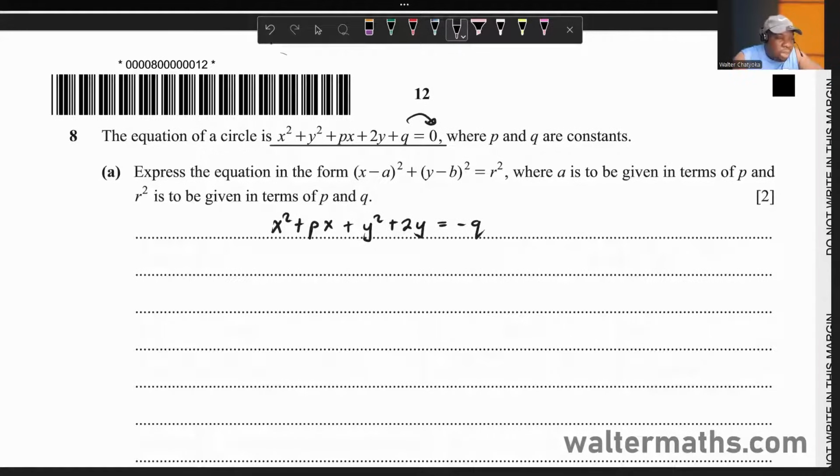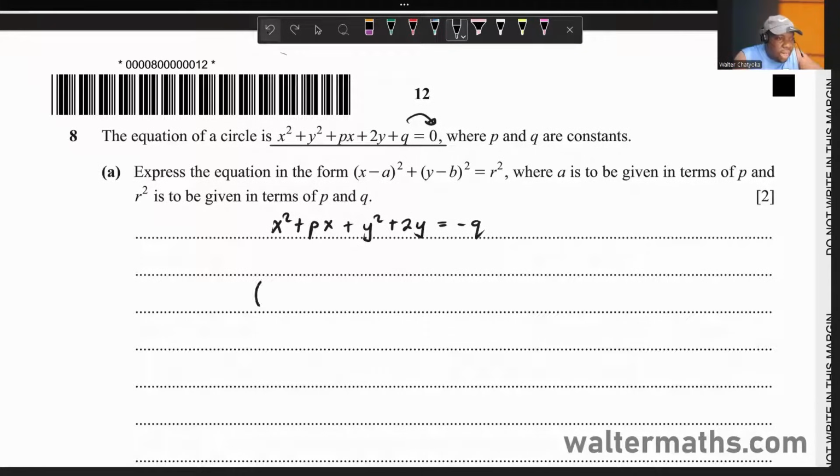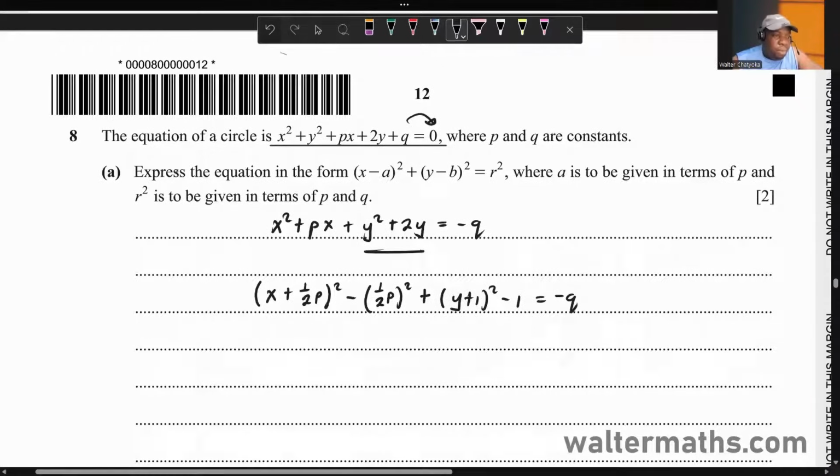And now completing the square for the first two, we get (x + ½p)² minus (½p)². And completing the square on this one, we get (y + 1)² minus 1² equal to minus q.